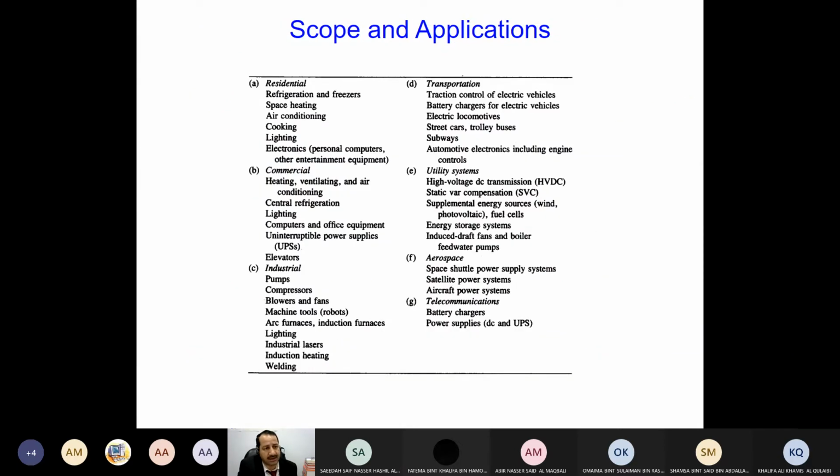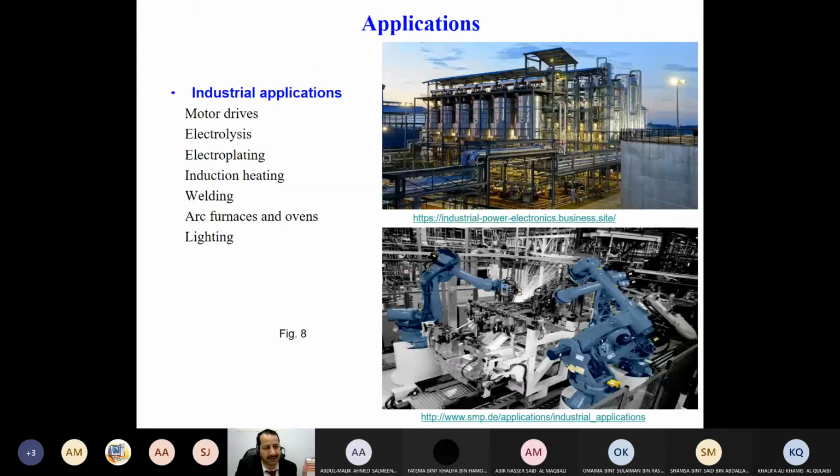Applications, as you can see here, this is just a sample, a wide range of applications for power electronic converters in residential, in commercial, in industry, in utility systems, transportation. You can read, okay? But rather than you read, I will show you. This is the first application.